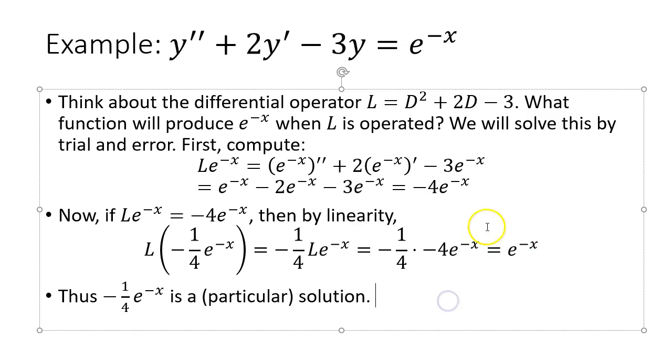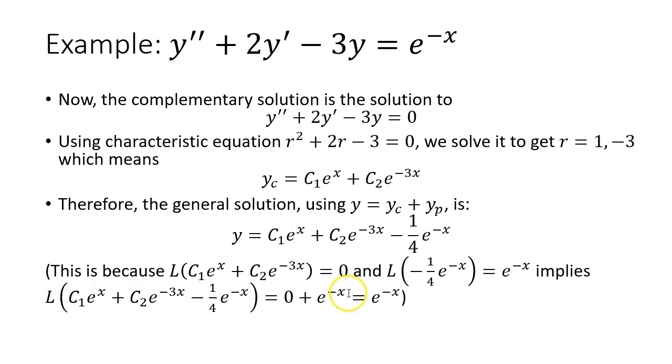This idea will be studied further as something called the method of undetermined coefficients. But for now, I just wanted to show you how once you get the particular solution, you can use the complementary solution to get the general solution. All right, now let's go for the complementary solution.